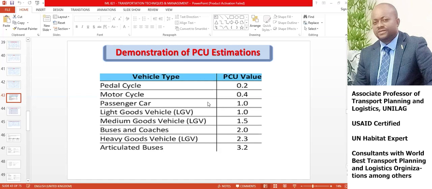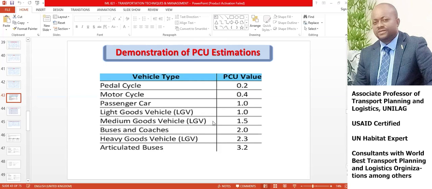900. Thank you. Then this light vehicle. What if it is 900? 900. Then medium goods vehicle. What if it is 1,200 that you have counted for that one?